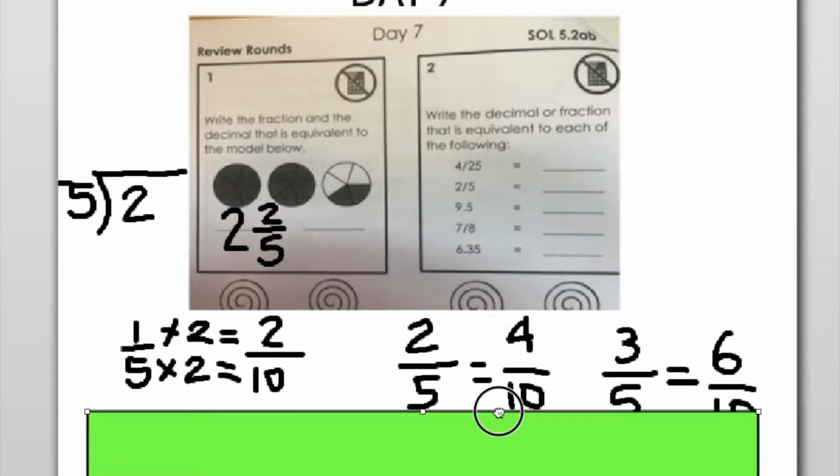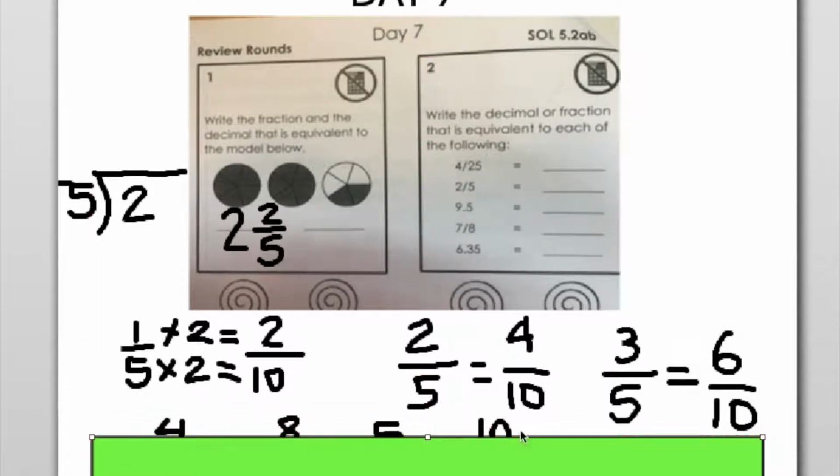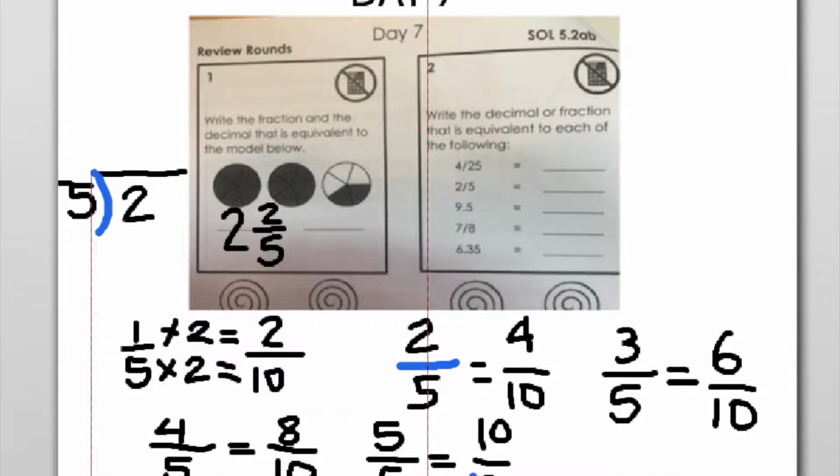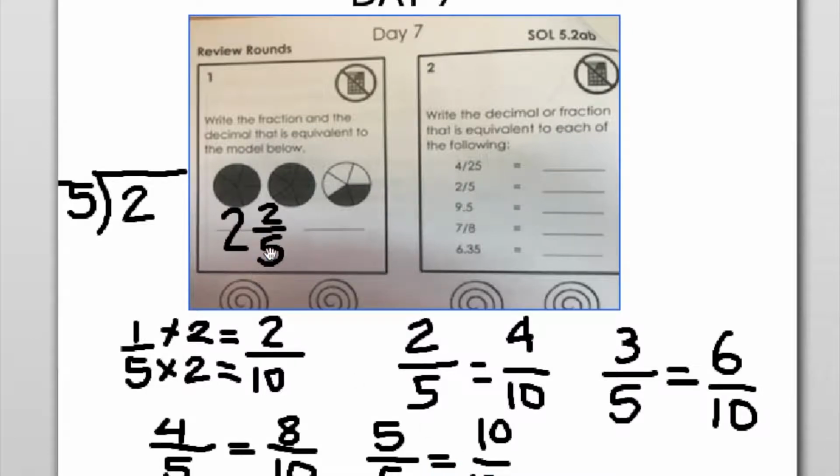And so on, if we keep going with the fifths, 3 fifths equals 6/10. 4 fifths equal 8/10. And then 5 fifths, or a whole, if it was broken into tenths instead, would be 10/10. So if we want to write 2 fifths as a decimal, we would write 4/10.